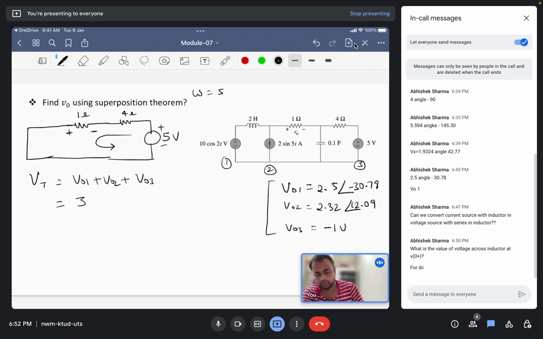So this comes out to 3.5 angle minus 13.075 degrees. So this will be the total voltage drop across the 1 ohm resistor.